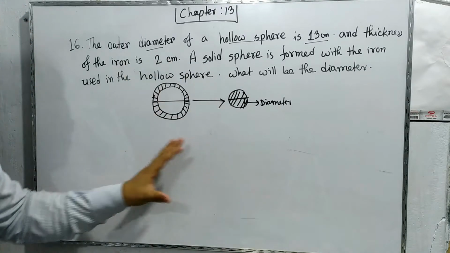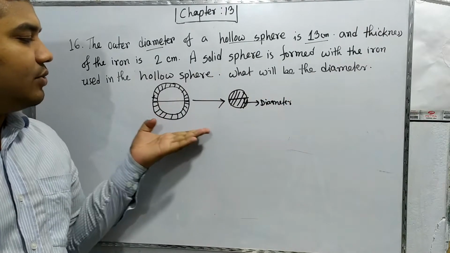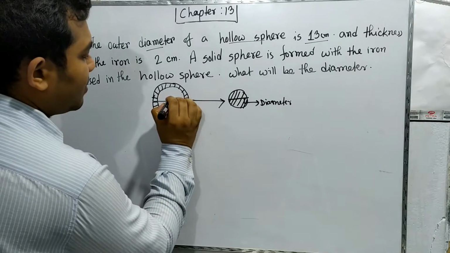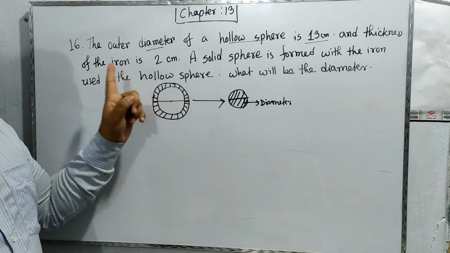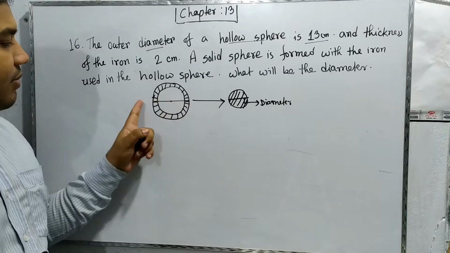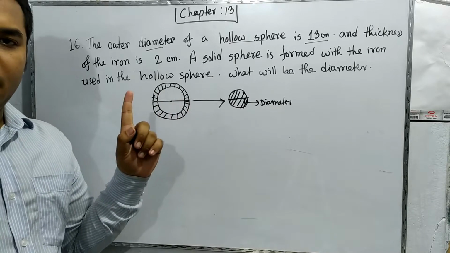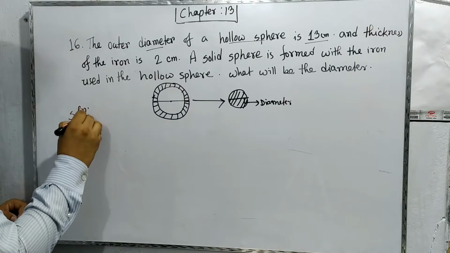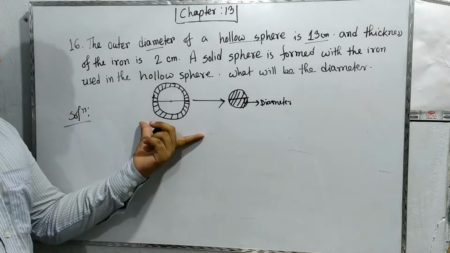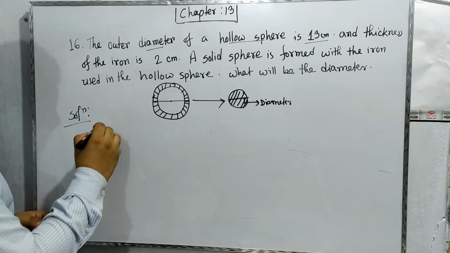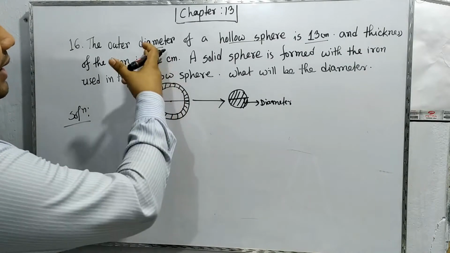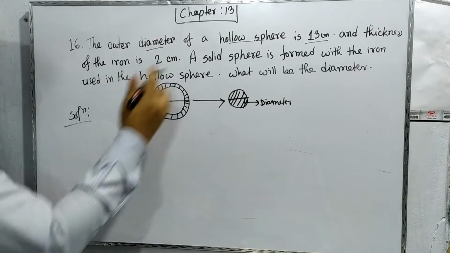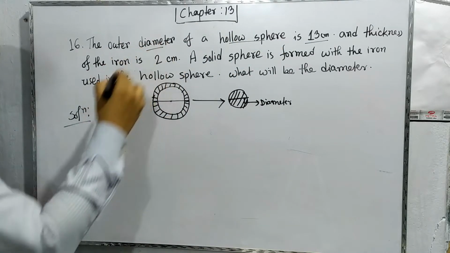Okay, what is given in this part, we are just trying to show by a figure. If the diameter is given, then from the diameter we can find the radius. So first we need to find the radius from this. Here the outer diameter of the hollow sphere is given, so we are trying to find the outer radius.